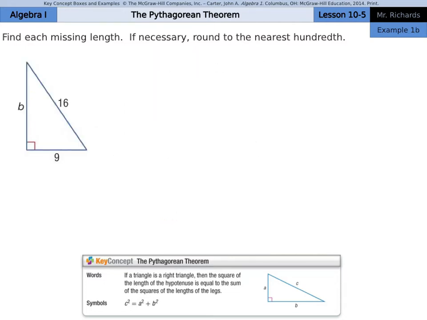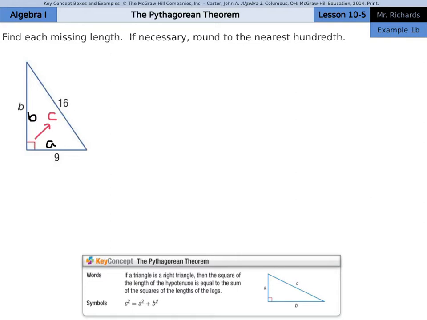In example 1b, we once again have: find each missing length, if necessary, round to the nearest hundredth. Let's go ahead and label our sides. Those that form the right angle are a and b, and the side opposite the right angle is side c.